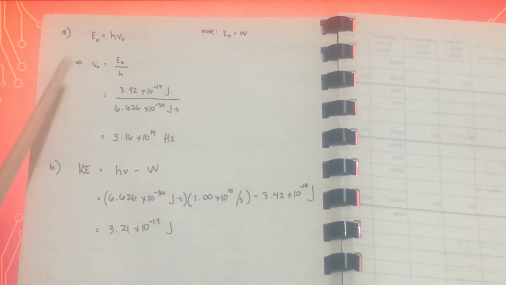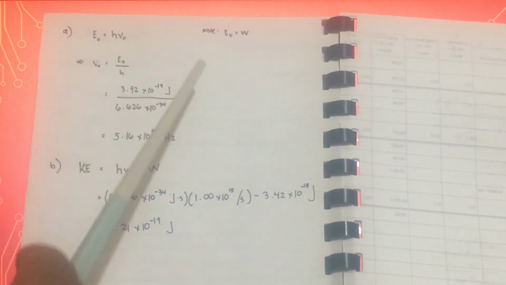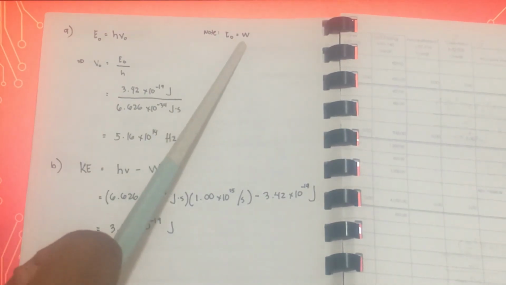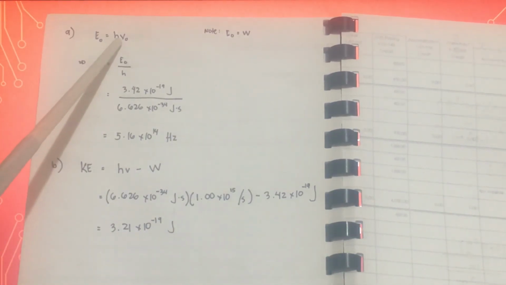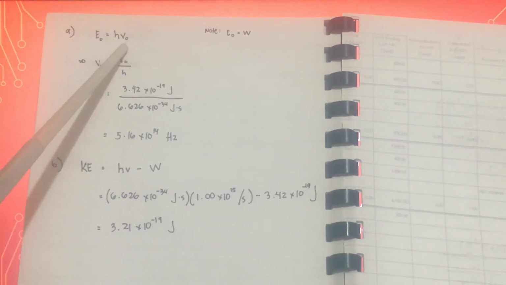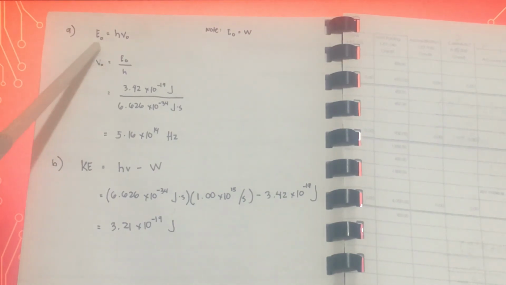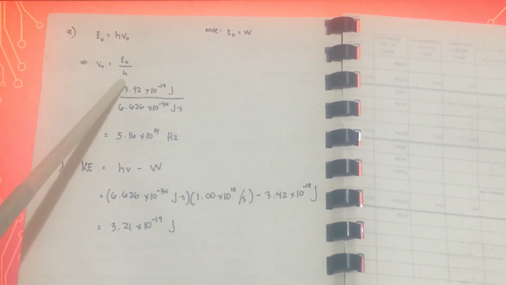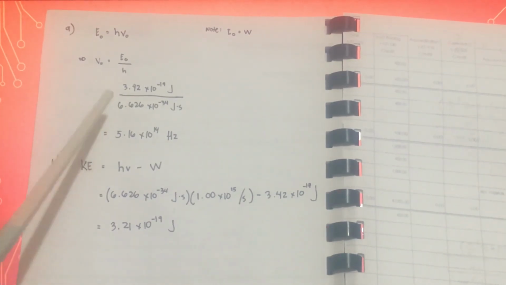So remember this: E naught, or the work function W, is equal to h nu naught. So the threshold frequency, nu naught, is equal to the work function divided by the Planck's constant. So just plug in the values and we'll get 5.16 times 10 to the 14 hertz.